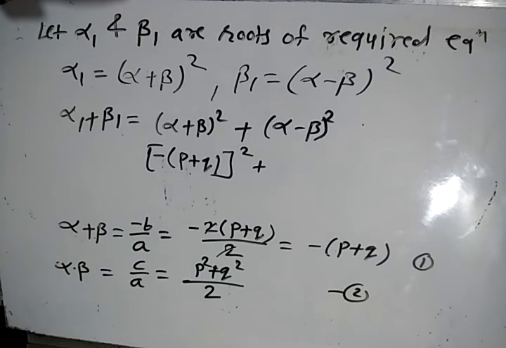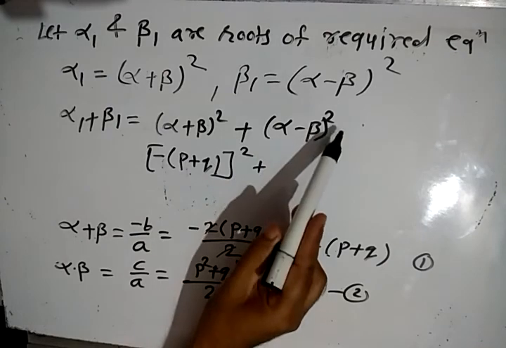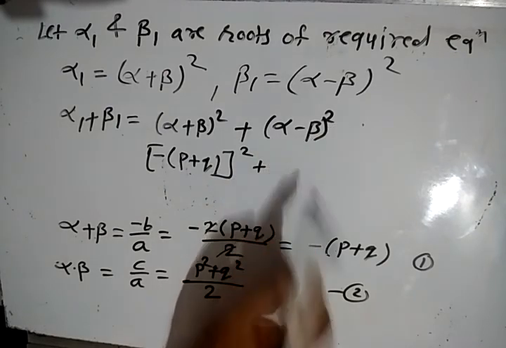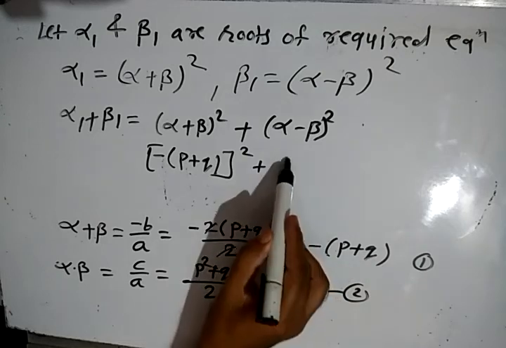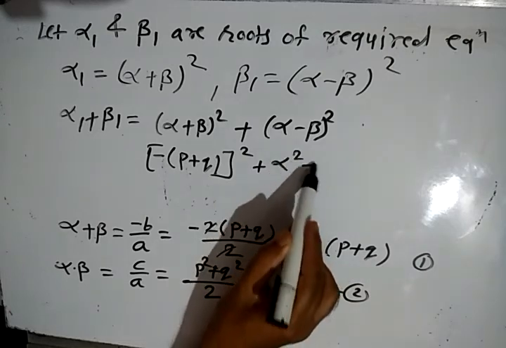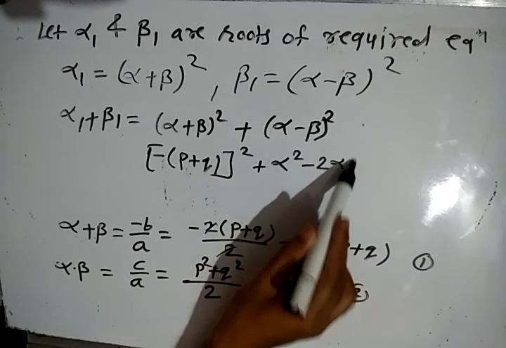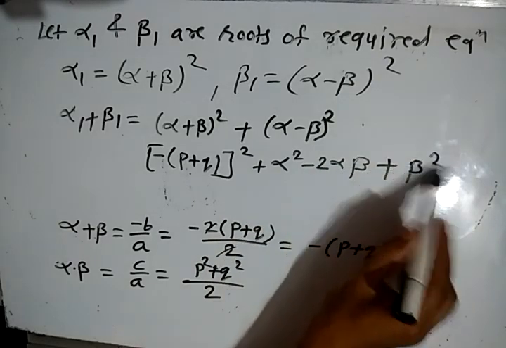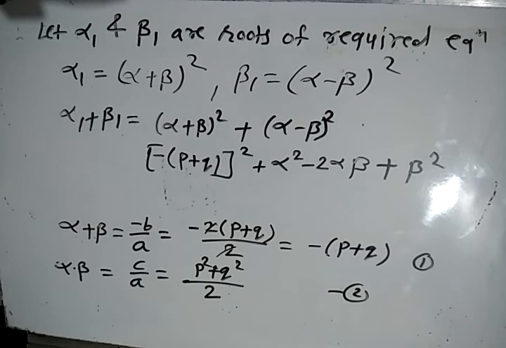We do not know the value of alpha minus beta whole square, but we can expand it: alpha square minus 2 alpha beta plus beta square. We can expand in this way.